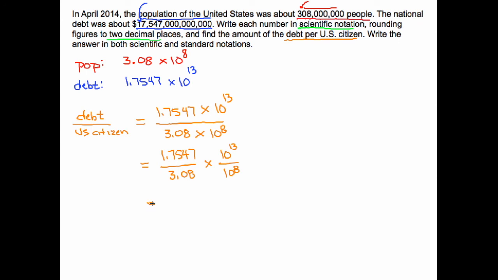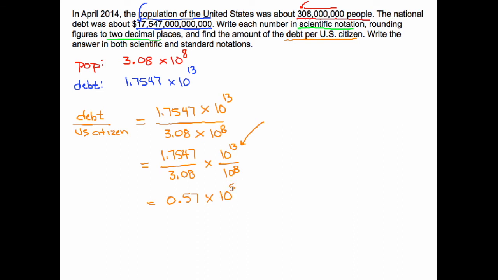Let's go to the first quotient. 1.7547 divided by 3.08 is 0.57 times, and when I divide with similar bases, I can subtract the exponents. So I have 10 to the 13 minus 8, that's 10 to the 5th.